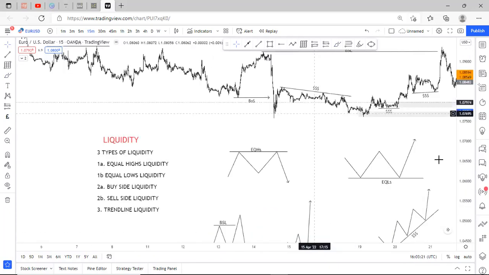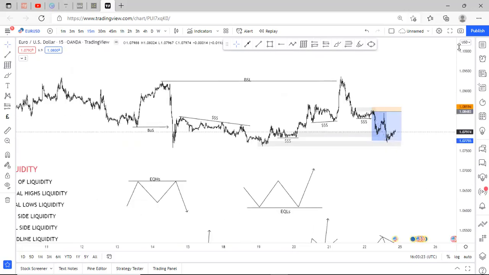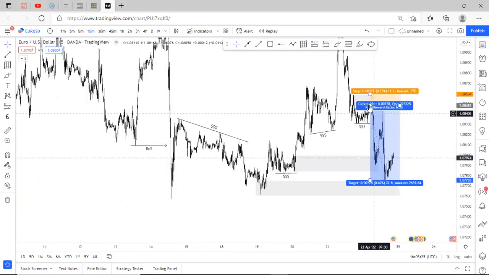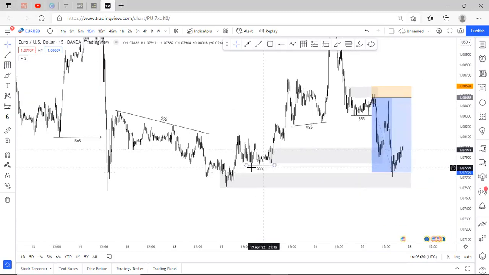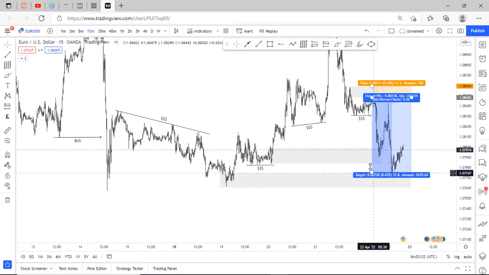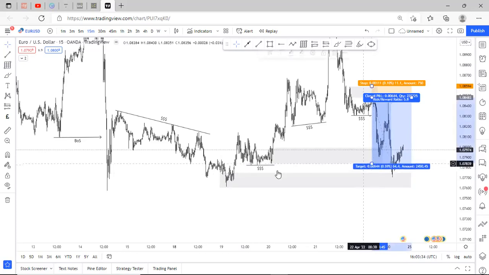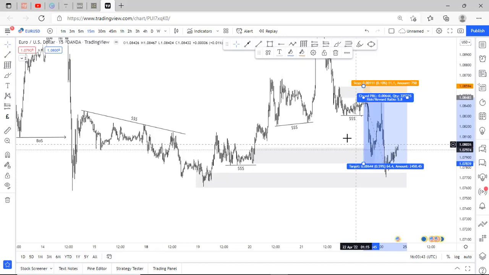Okay, for example, if I was in this sell trade from right here, and I was hoping for these equal lows to be taken out, I can set my take profit to be at this exact low. You want to be taking your profit off equal highs or equal lows, or at liquidity zones.